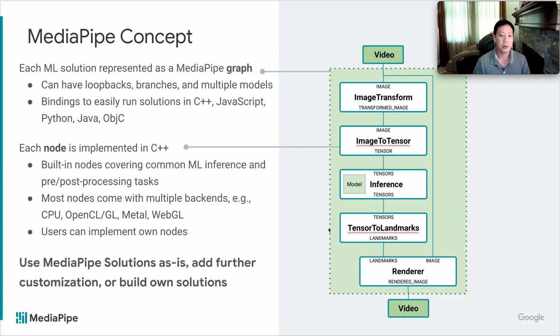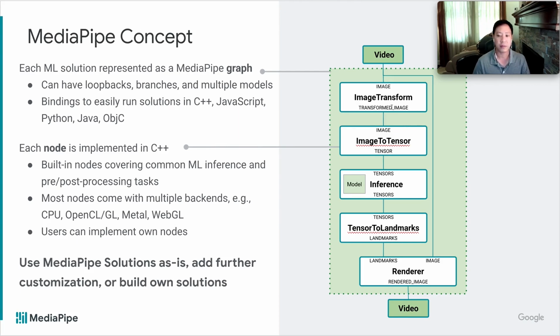Now I'll try to provide a brief summary of the concept behind the MediaPipe framework. In MediaPipe, each of the ML solutions, as presented in the previous slide, is represented as a MediaPipe graph. So on the right here, I'm showing an example of a simple MediaPipe graph. In this particular example, the input to the graph is video frames, and these video frames go through an image transformation, which can be scaling, it can be rotation, or sometimes cropping.